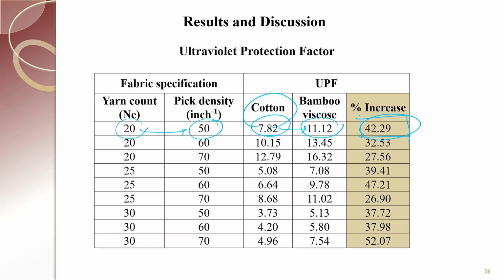If you see the entire range of fabric, 9 combinations, in all the combinations we have got a very high percent of increase in case of bamboo fiber. So, typically around 30 to 50% higher UPF in case of bamboo, keeping all other parameters same.